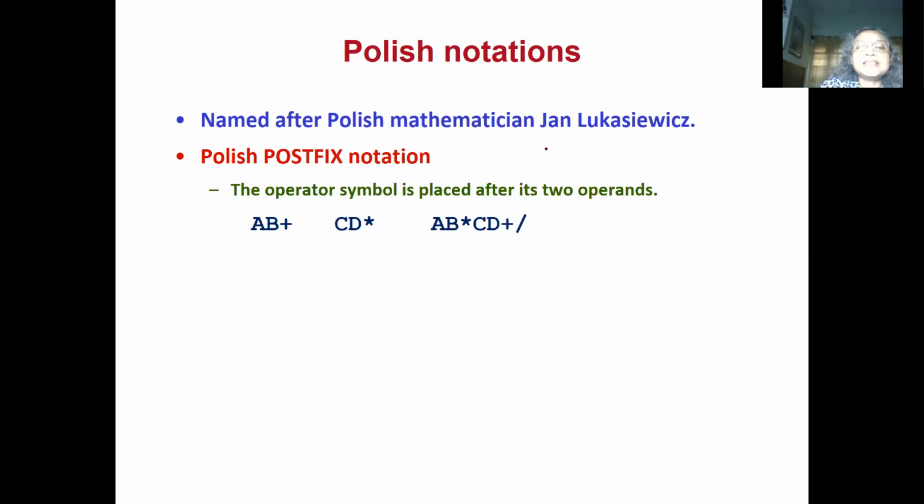So we see that B into C. So first we have to do B into C. So this is BC star, and then we have BC star slash D. So BC star D slash, and we have A plus this.